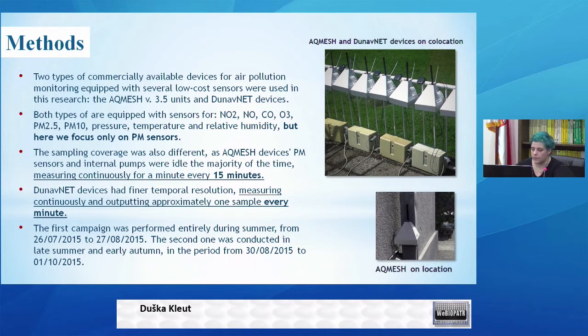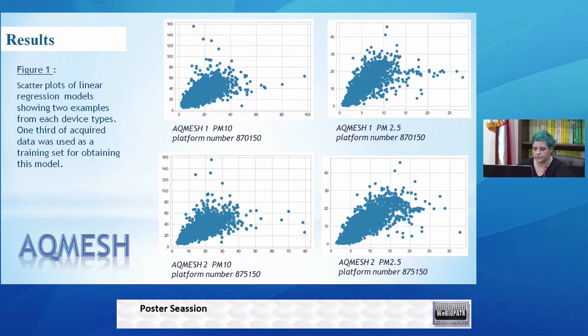For this experiment, conducted in the summer and early autumn of 2015, we had minute data from reference measurement stations, so there was a lot of data to compare. For EcuMesh, we used the measurements from once every 15 minutes from the reference stations.